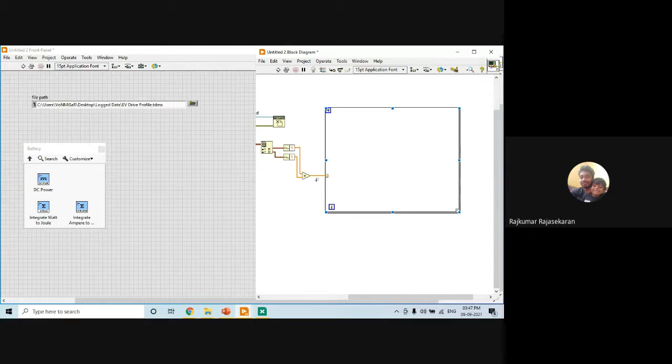Whatever value you have here is an array. Inside what comes is one individual data at one time. Like let's say every 1 second, if you're acquiring this data, that value will be collected. So we use this to convert this watt to joule.